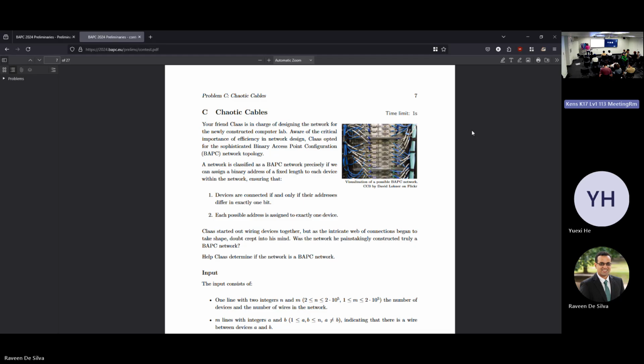Okay, so in this problem, we are given a graph and then we are given another way of creating a graph in a specific manner. And we have to check if they are isomorphic. We don't specifically know what isomorphic means.